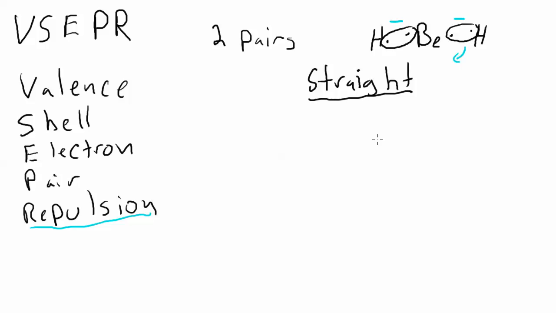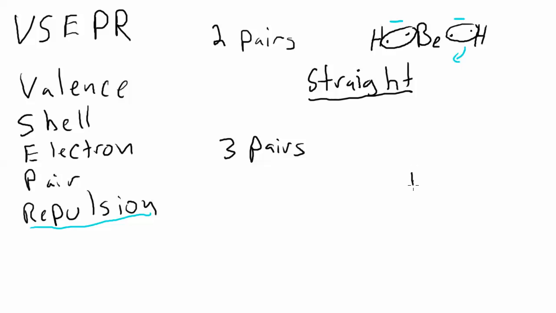So the next example shows how unshared electrons can come into play. We'll go up to the next example, which would be if there are three pairs of electrons around a central atom.